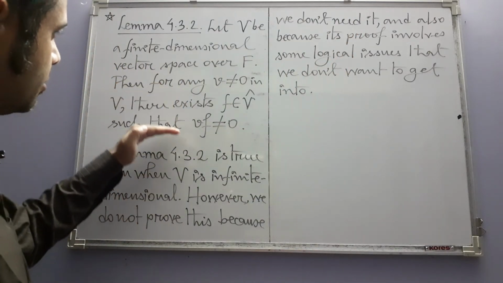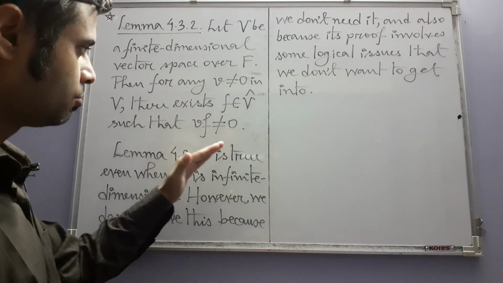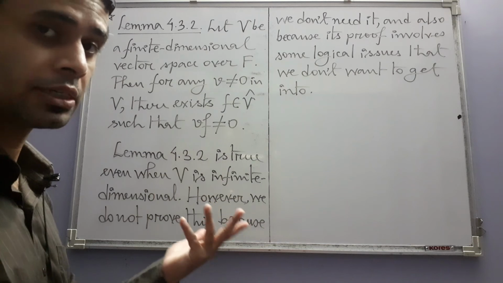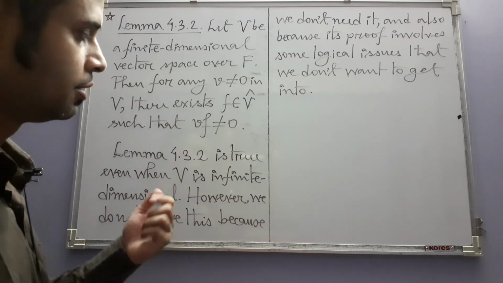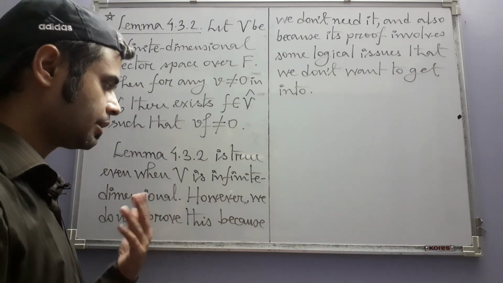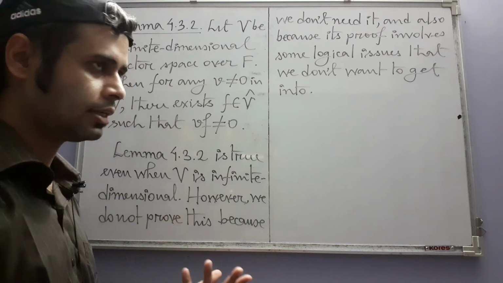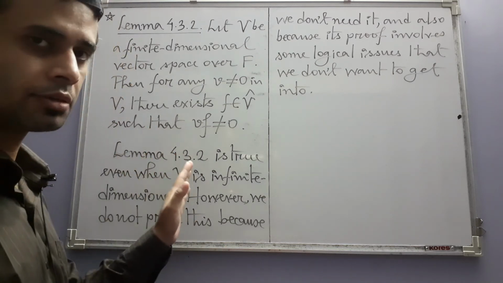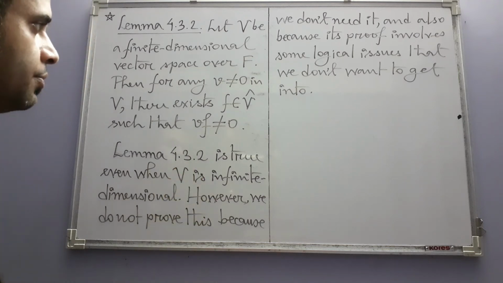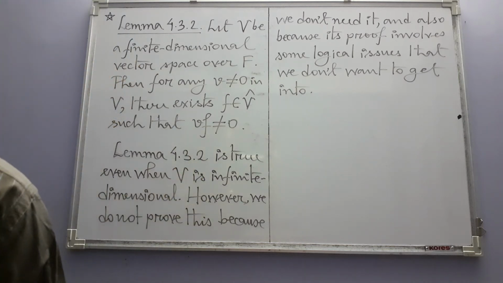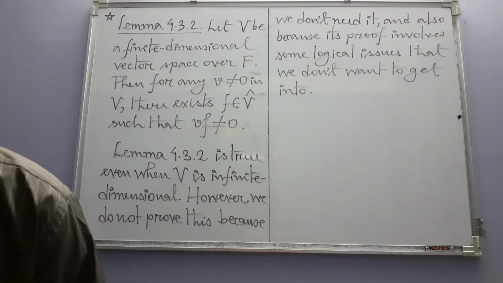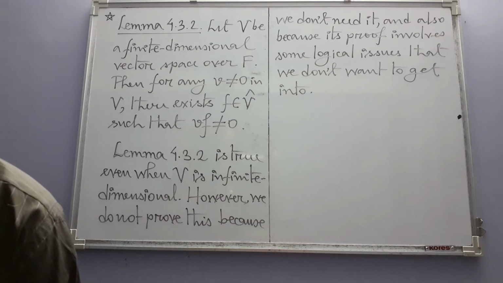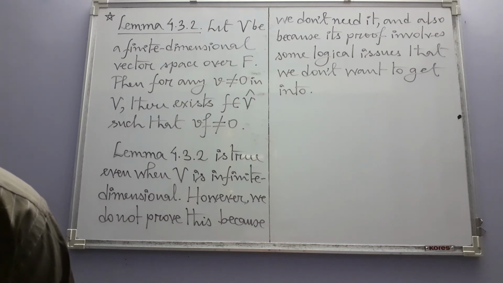This result is true irrespective of the dimensionality of V. Whether it is finite dimensional or infinite dimensional, the result is true. However, we have only proved it for the finite dimensional case. Okay, now let us consider something else.